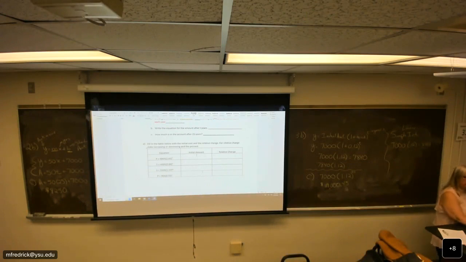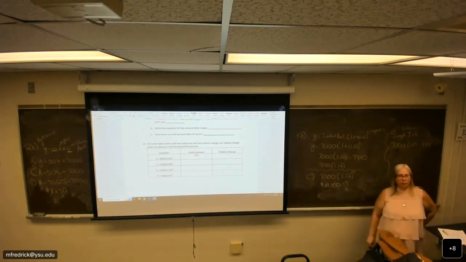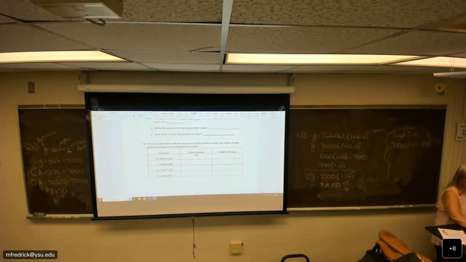What's the starting amount? Is the relative change an increase or a decrease? Because if we take 1.06 and subtract 1, we have 0.06, which tells us to multiply it by 100 to make it a percent.